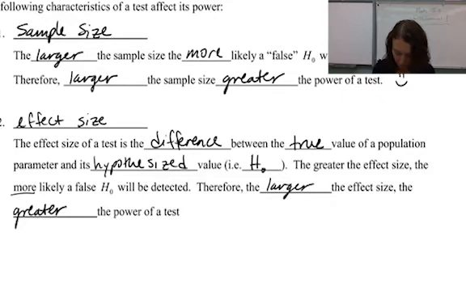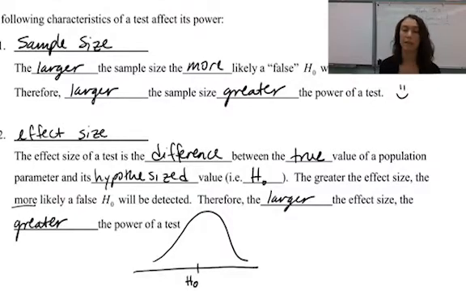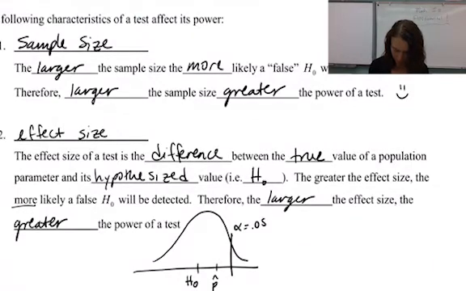So just to visualize this a little bit here, if this was our H0 p-value, and I had a p-hat value that was kind of close to H0, and let's say my alpha was here at 0.05, I would fail to reject this.